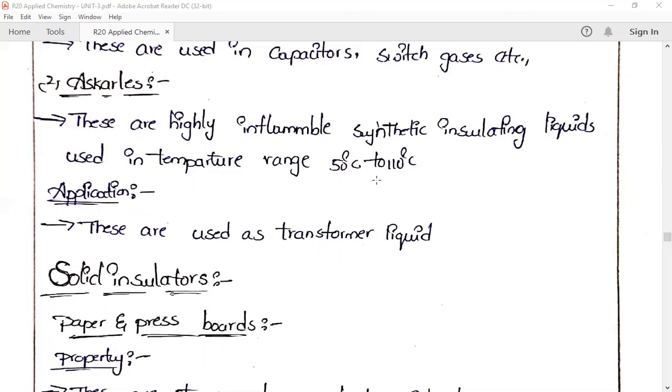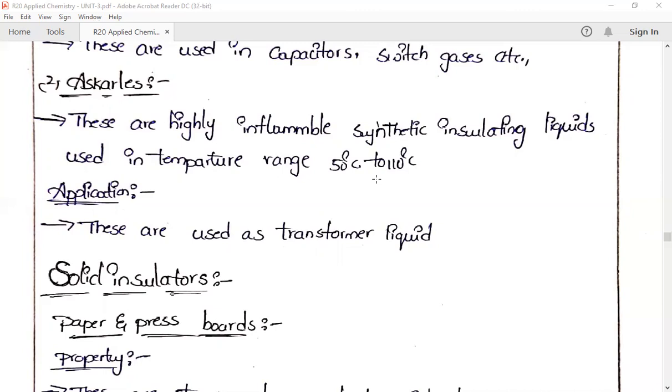Most widely used askarels are chlorinated hydrocarbons, that is chlorinated diphenyl, pentachlorinated diphenyl, trichlorodiphenyl, hexachlorodiphenyl, and trichlorobenzene. These askarels possess excellent fire resistance and high dielectric strength.